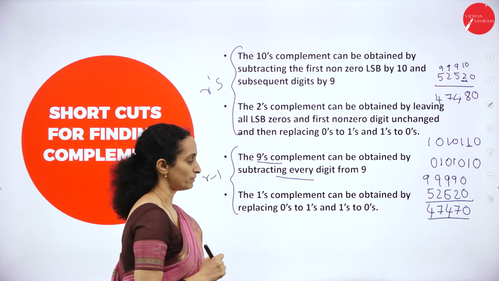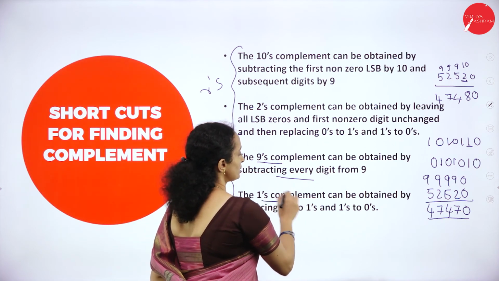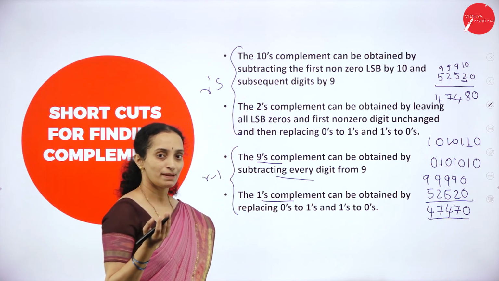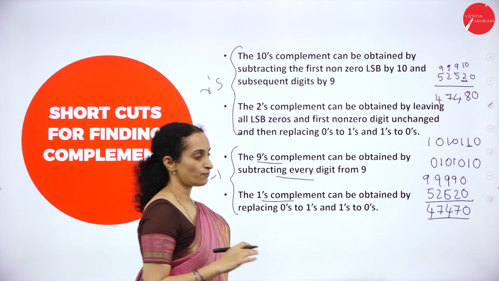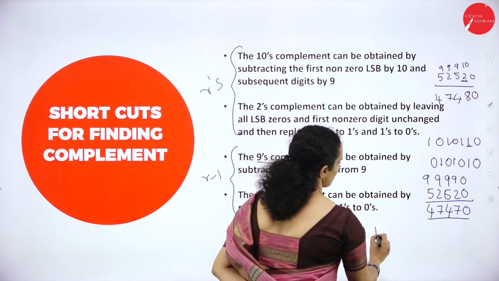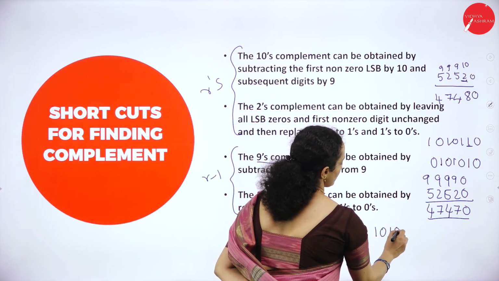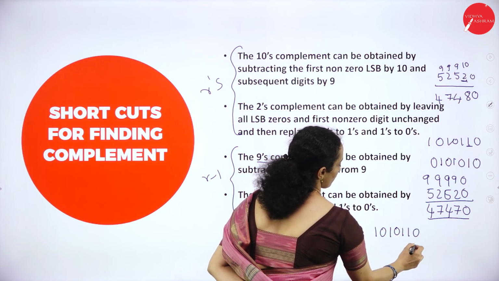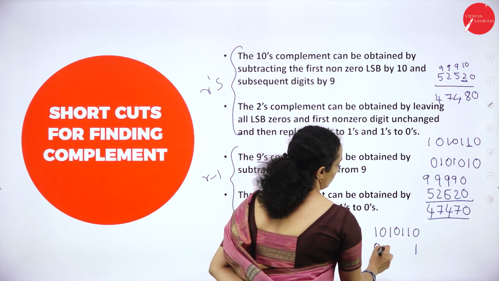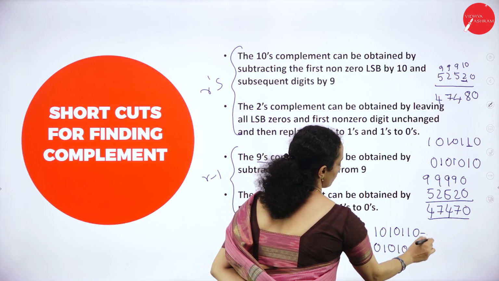How do you find the 1's complement? Replace all the zeros with ones and the ones with zeros. If you take the same example 1 0 1 0 1 1 0, it will be 0 1 0 1 0 0 1.